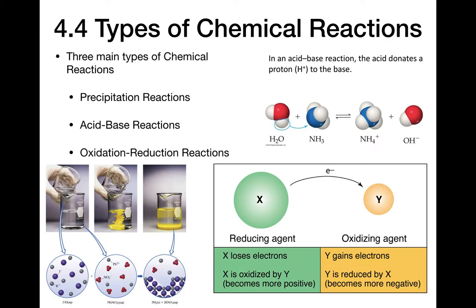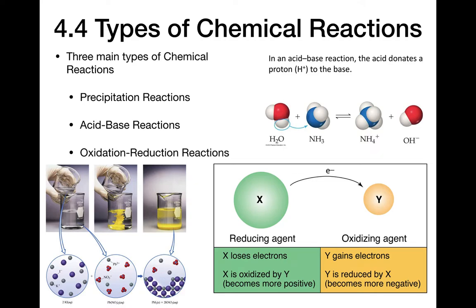With that in mind, we can also look at the reverse reaction. NH4+ acts as an acid and gives H+ to OH- to make water and NH3. So NH4+ is a Bronsted acid, OH- is a Bronsted base. In oxidation reduction chemistry, we have electrons being donated from one atom or molecule to another.